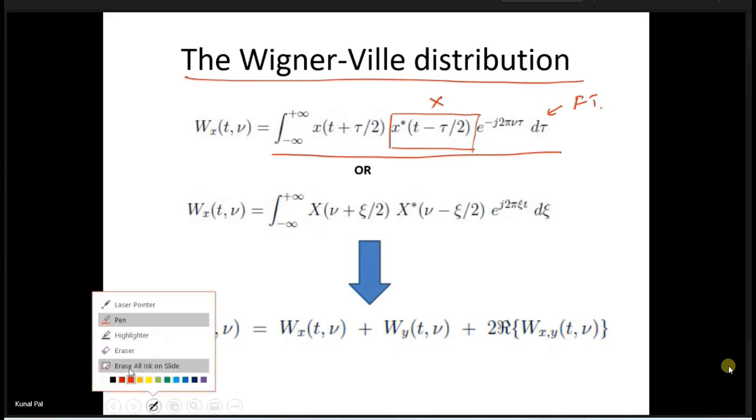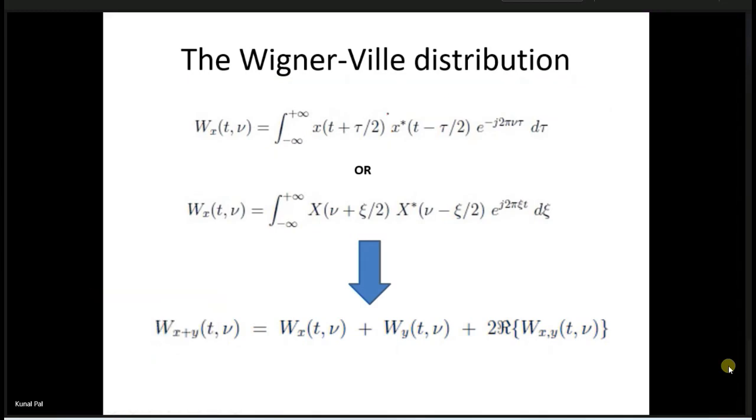However, if you consider these signal component terms, what is happening? We have two terms, x of t plus tau by 2 multiplied by x star of t minus tau by 2. What is the physical significance of this?